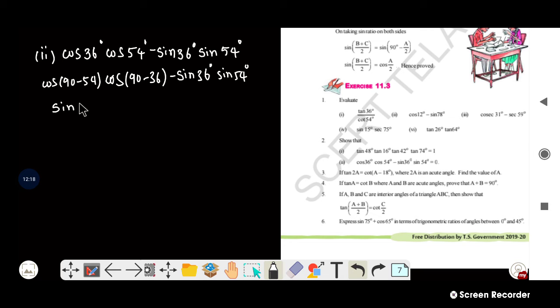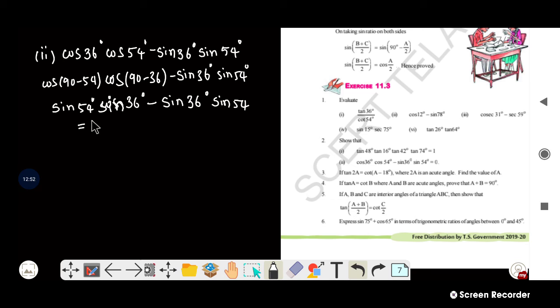So sin 54 cos 36 minus sin 36 sin 54. Then you know that, so all are equal, right?